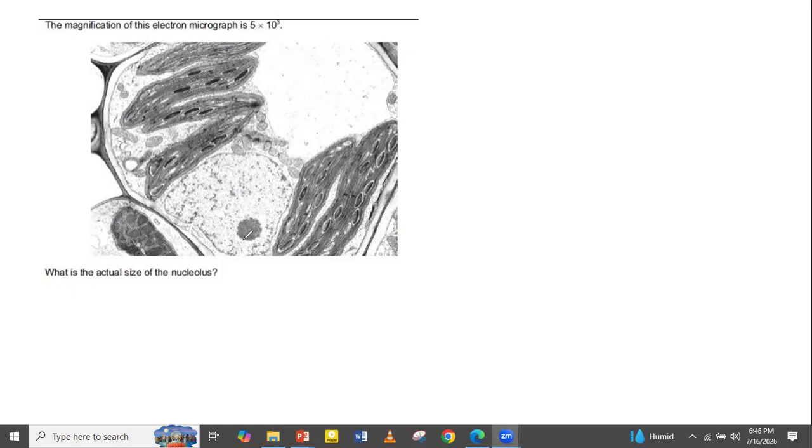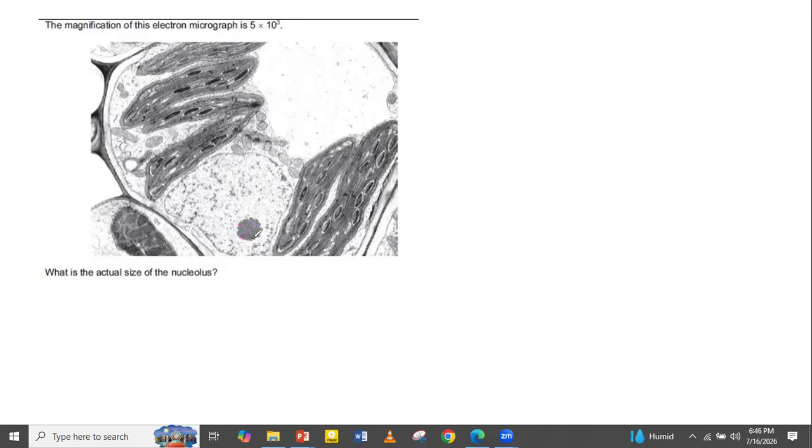So I'll get my ruler and measure the longest length of the nucleolus. So in this case, place the ruler in different points so that you find out which one is the longest. You can place it like this, place it like this, so that you find out which one is the longest. Because it's not easy to tell the longest or maximum length according to that diagram.